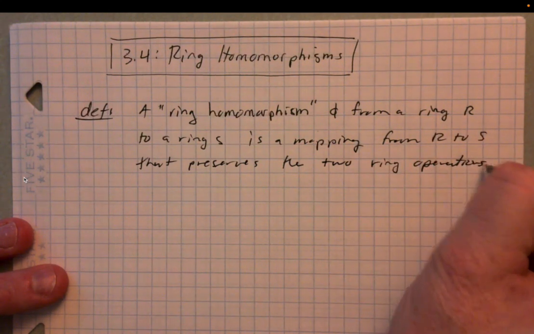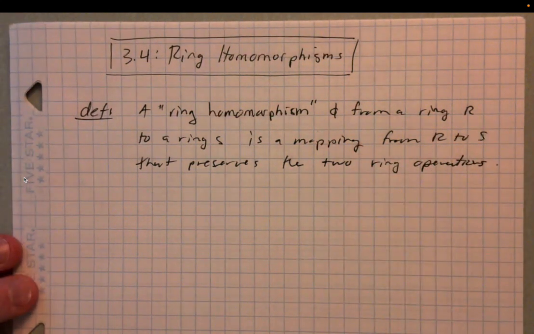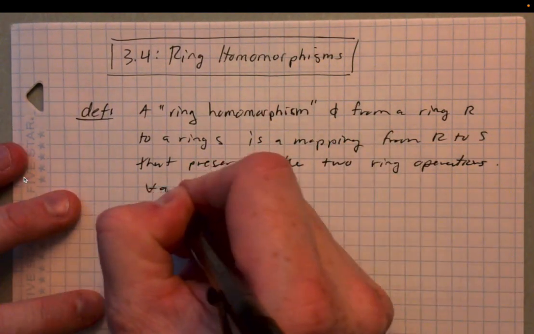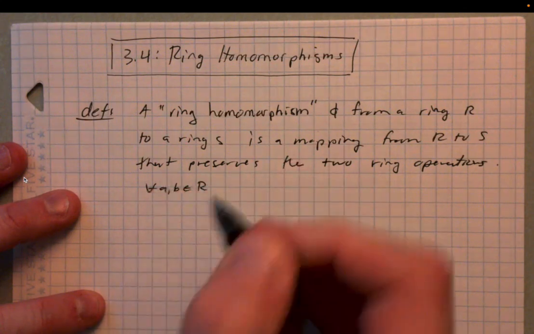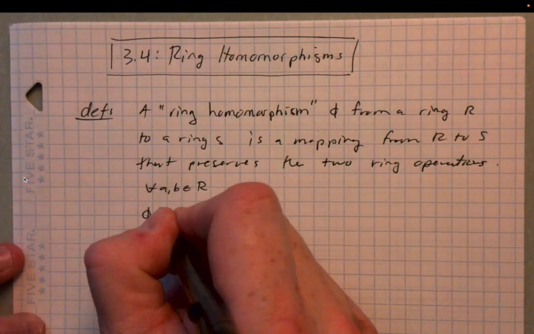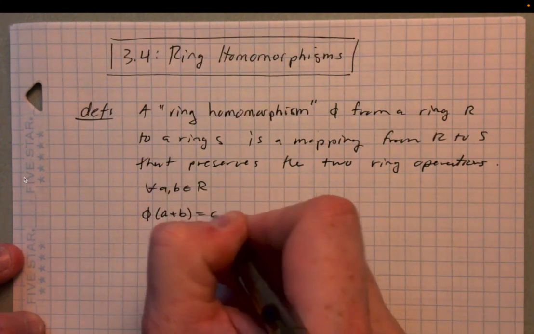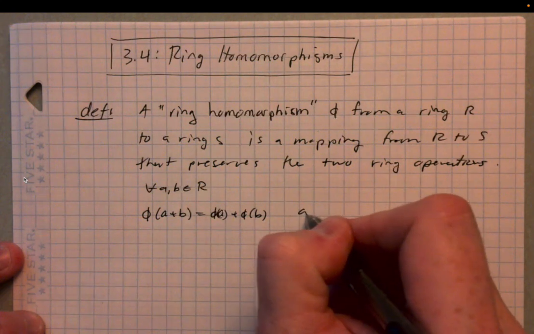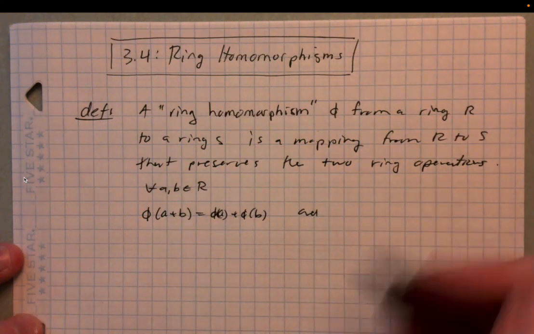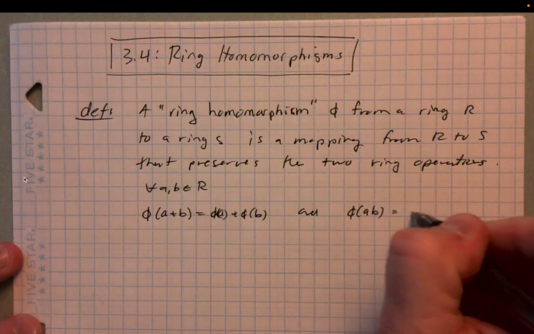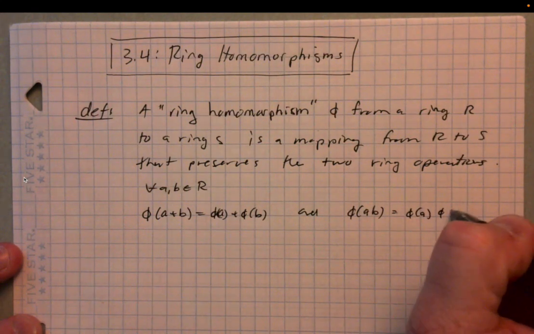What do we mean by preserve the two ring operations? Well, for all A and B in R, addition is preserved, so phi of A plus B equals phi of A plus phi of B. And in the case of rings, we also have a multiplication operation, so phi of A times B equals phi of A times phi of B.